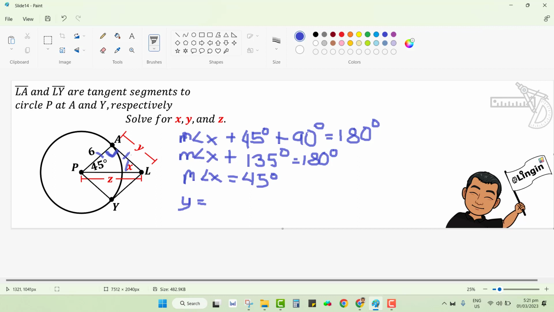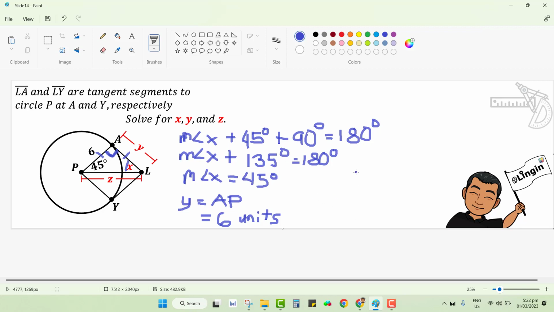And since this is isosceles, we know this because the base angles are equal, 45 and 45, the measurement of y is equal to the measurement of radius AP or PA, which is equal to 6 units as well. This is because our triangle is an isosceles right triangle due to equality of base angles.